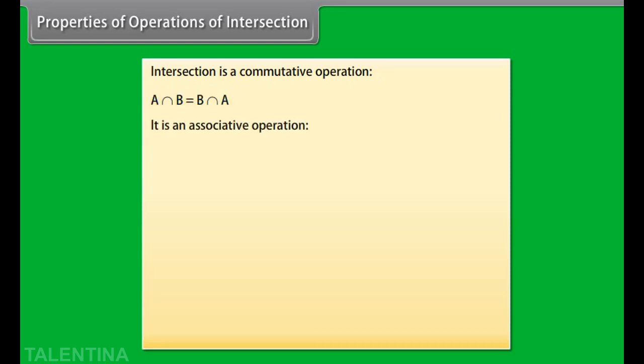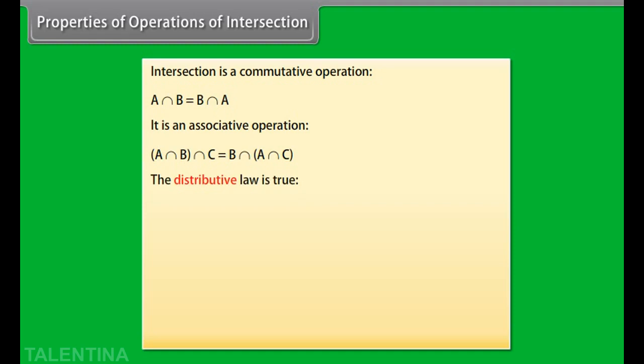Properties of the operation of intersection. Intersection is a commutative operation: A ∩ B = B ∩ A. It is an associative operation: (A ∩ B) ∩ C = A ∩ (B ∩ C).